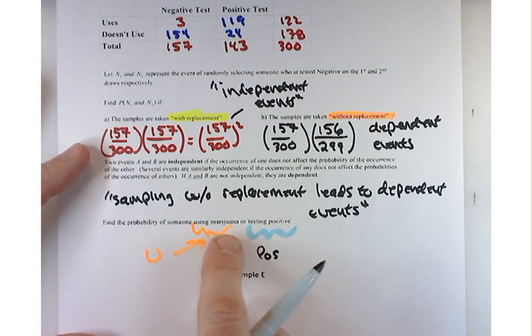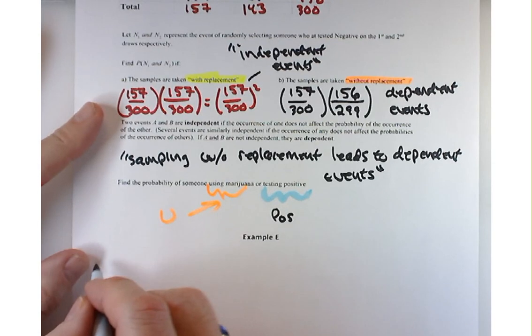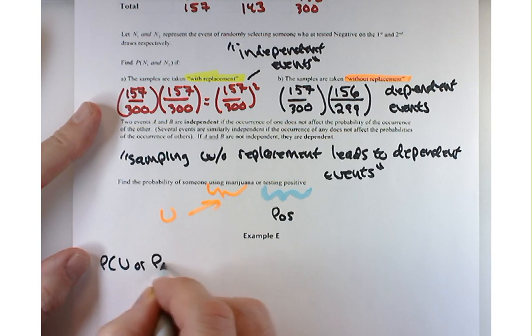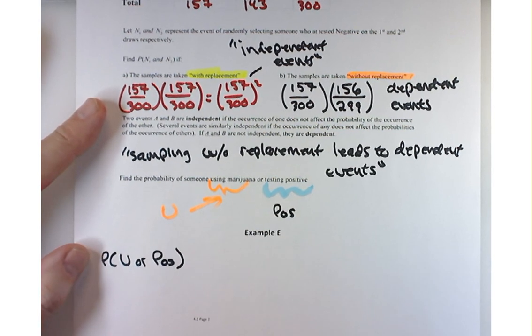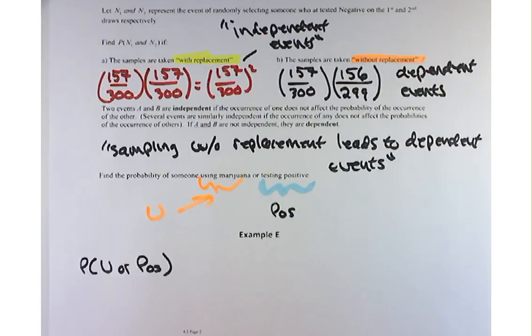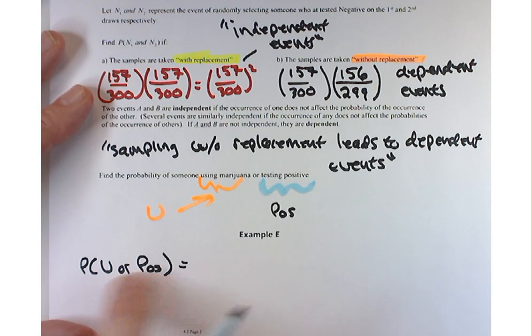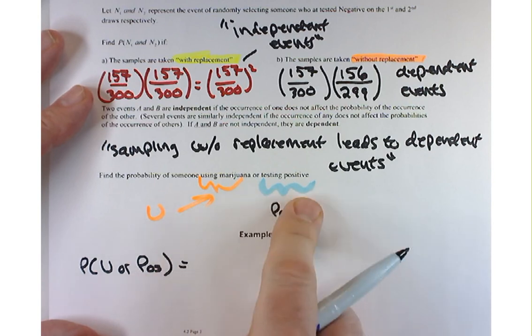So what this is asking me for is the probability of U or the probability of testing positive. Typically speaking, I like to give my events names that kind of reflect what they stand for.